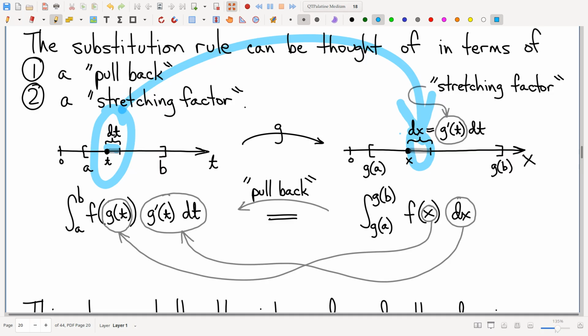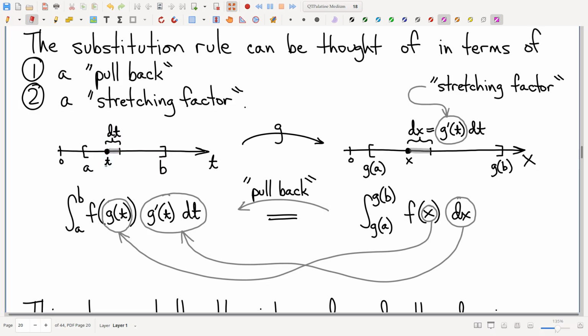So the nice observation, and you can think of this algebraically, and algebraically this is how we wrote down dx as g prime dt. That's just kind of how the differentiation algebra works out. I want to think of this in a different way. I want to think of dt as representing the size of that little input subinterval.